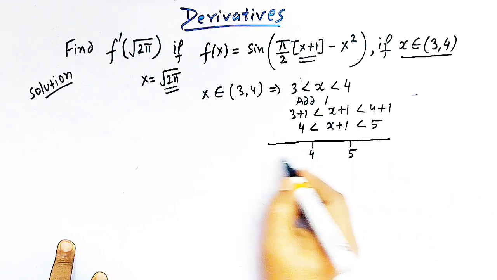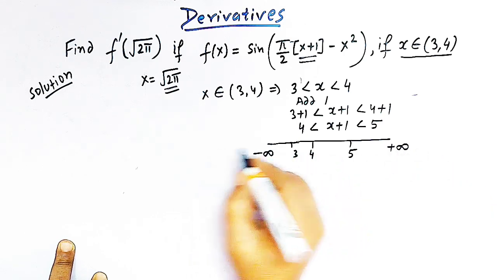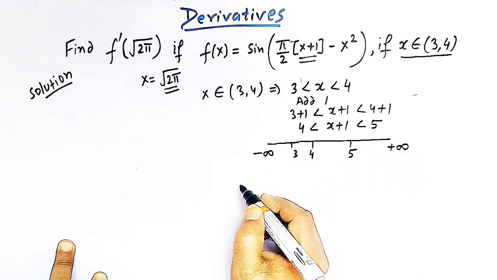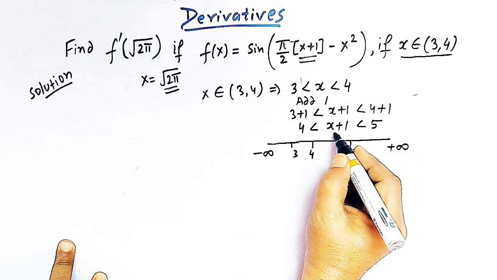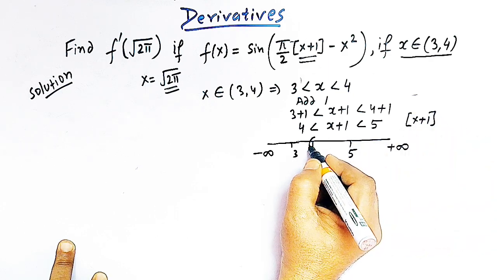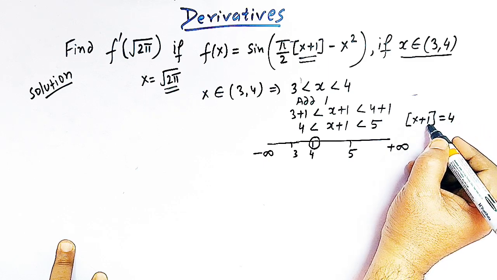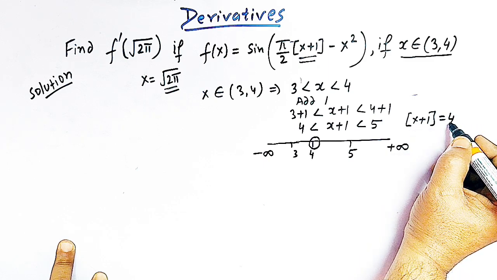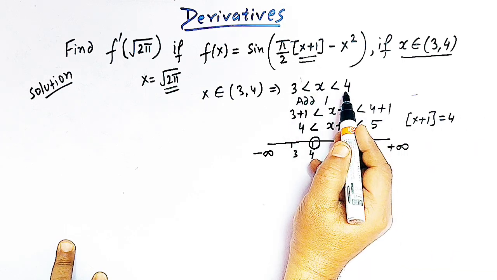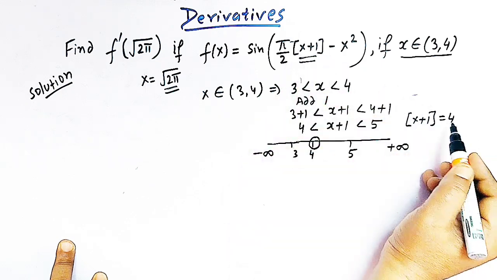So this is our real number line, and here we have 3 and so on, and x plus 1 lies between 4 and 5. So the greatest integer of x plus 1 is given by 4, right? So the value of greatest integer of x plus 1 is equal to 4 when x is greater than 3 but less than 4. So now we can replace this greatest integer of x plus 1 by 4.